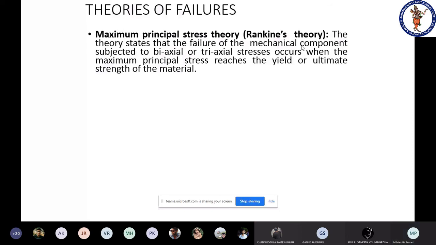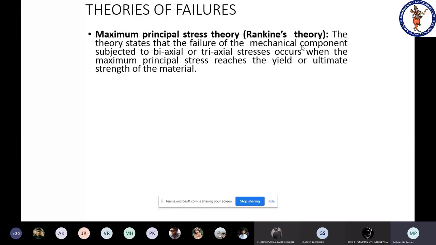So the theory states that the failure occurs when the maximum principal stress, that is nothing but the stress induced due to the action of those biaxial or triaxial loads. There, a component is subjected to different loading conditions.